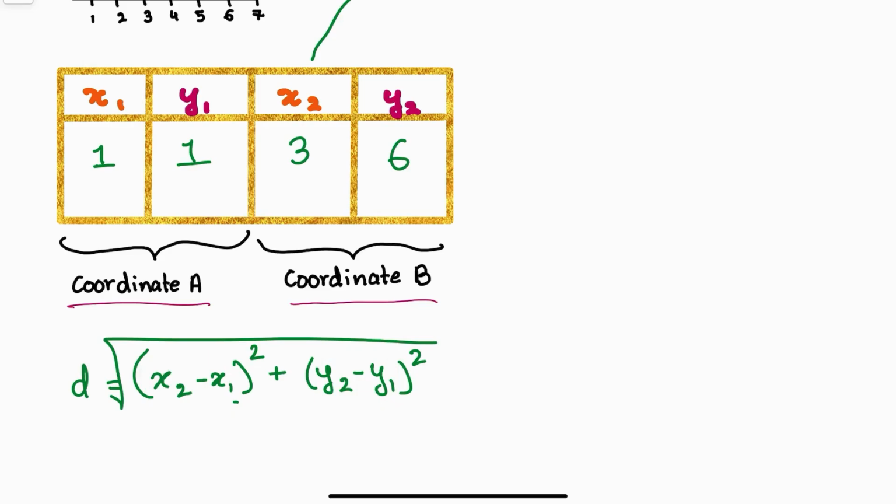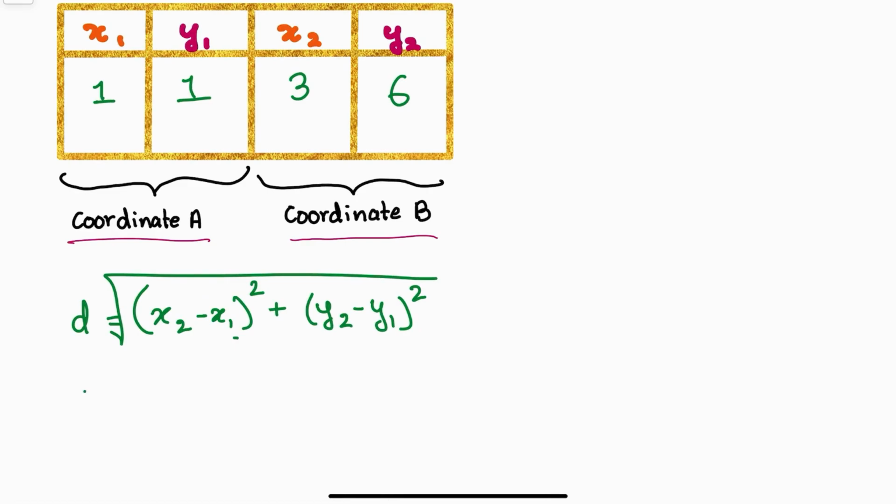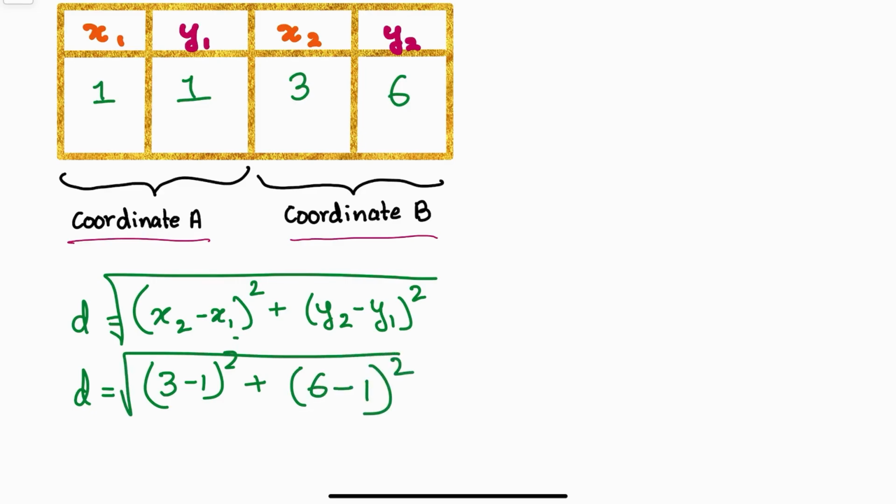So you can also think about it like that if it's a bit easier to remember. So now we plug in the values. So we've got d is equal to the square root of x2 is 3, x1 is 1, whole square, plus y2 is 6, y1 is 1, whole square.